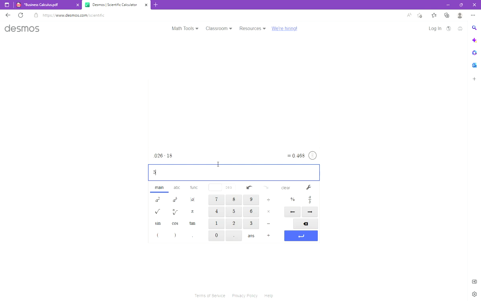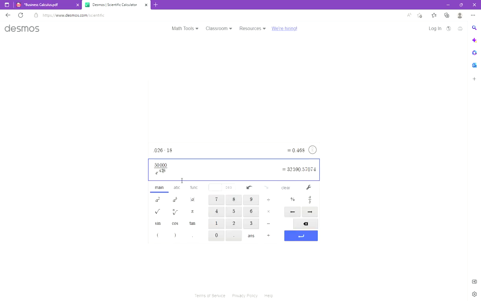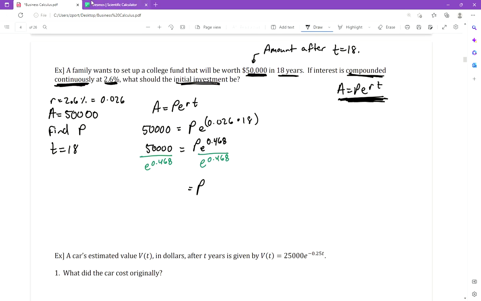So we've got 50,000 divided by e to the 0.468. There we go. Okay, so we get this, and we'll round this to the nearest cent. It looks like it should be $31,312.68.